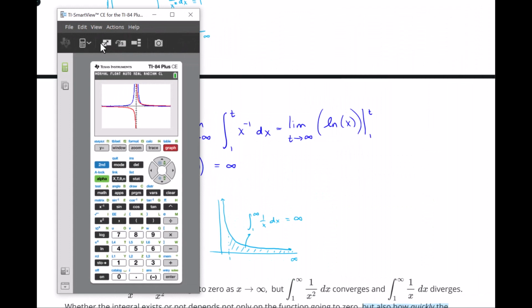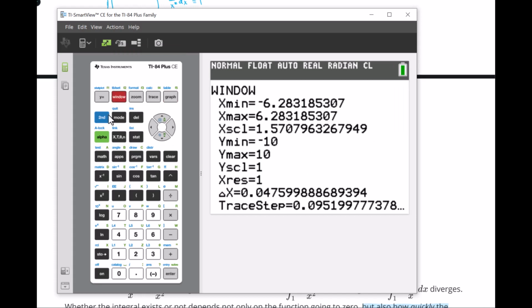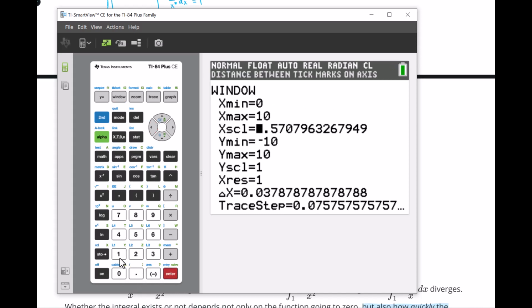So let me make the window larger, and I will just kind of change the window so we're only looking at the portion that we're really interested in here. So from 1 to 10 on the x, and I'll just set the scale to 1. And I don't think we need this that high.